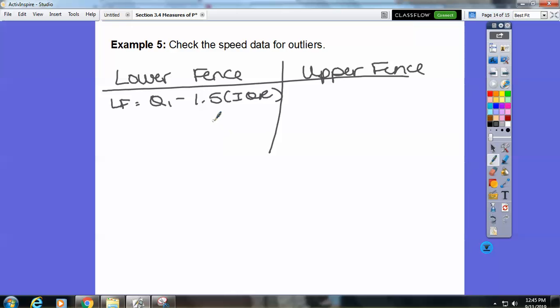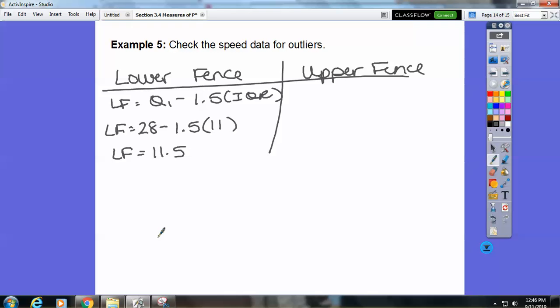What was quartile 1 when we did all 15 speeds? 28. And the interquartile range was 11. So we do 28 minus 1.5 times 11, and we get a lower fence of 11.5. Any speed below 11.5 would be an outlier.